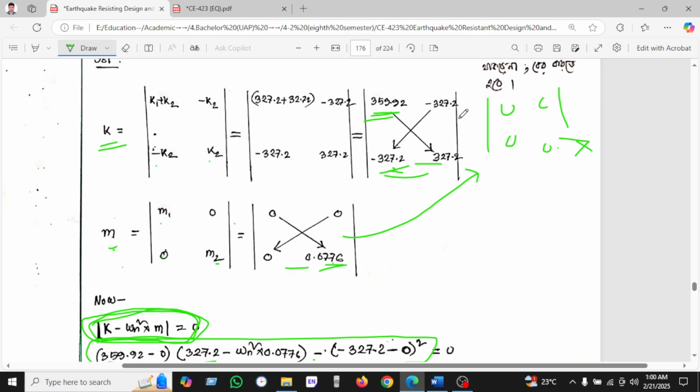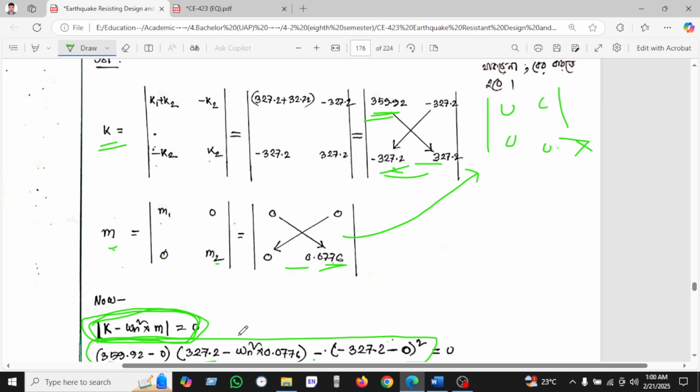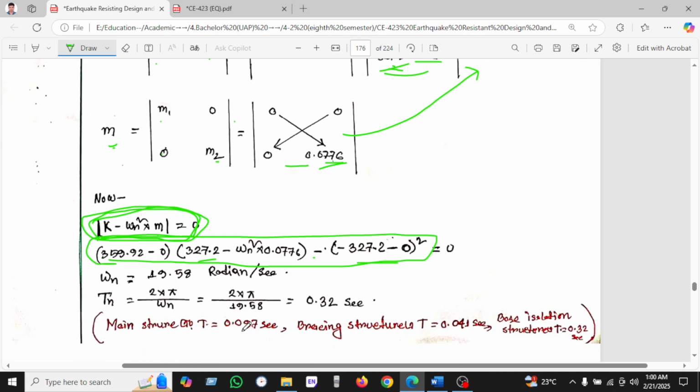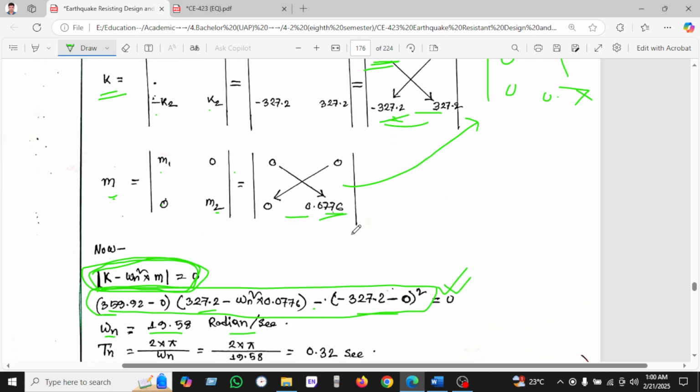Then you can use this in this way. In this way you can calculate here. After that, using the calculation, you can find the natural frequency as 19.58 radian. But you can memorize these tricks for reducing some lines.